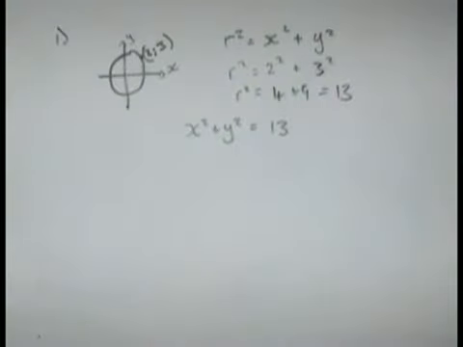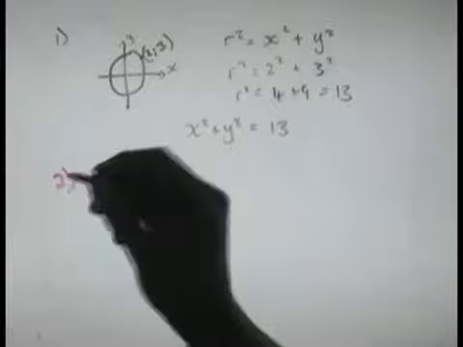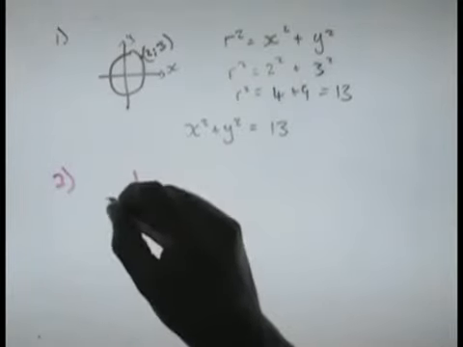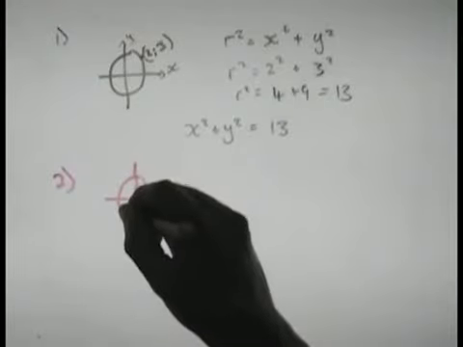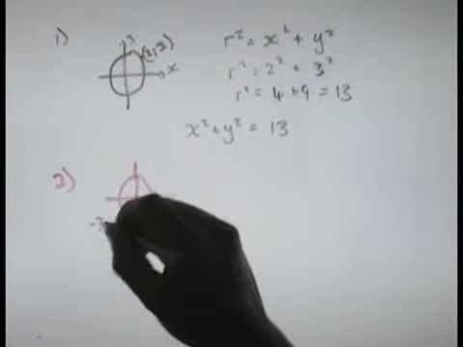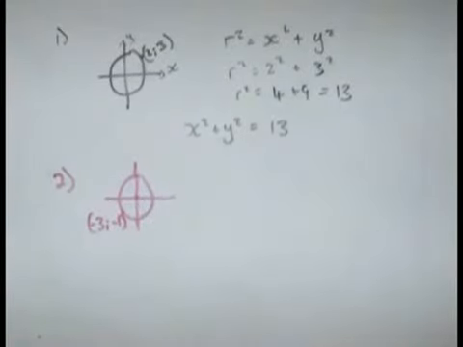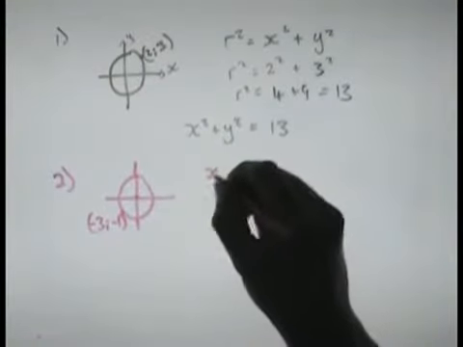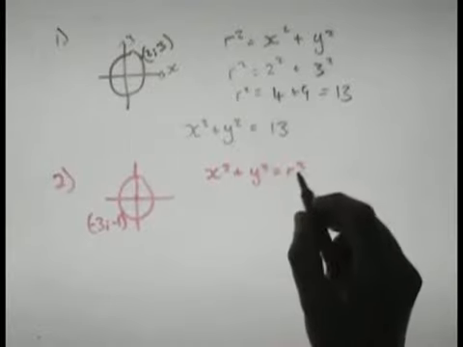The next one I gave you to do, number 2, had a circle also centered around the origin, but had a point of intersection, or rather had the coordinates negative 3, negative 1 on it. Again, because it's around the origin, we're going to say x squared plus y squared is equal to r squared.